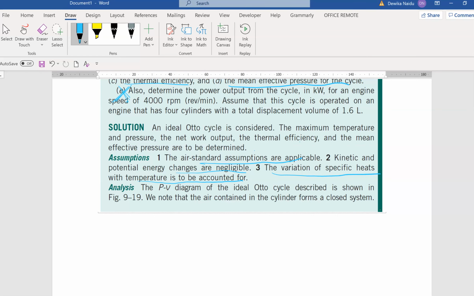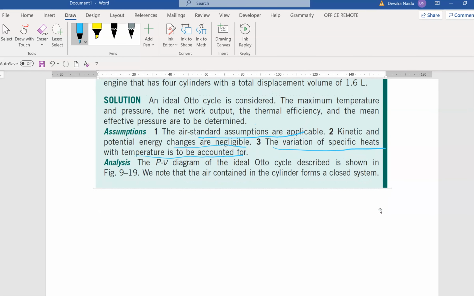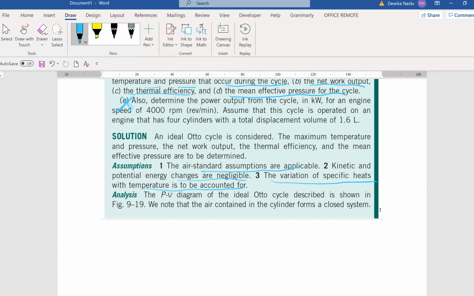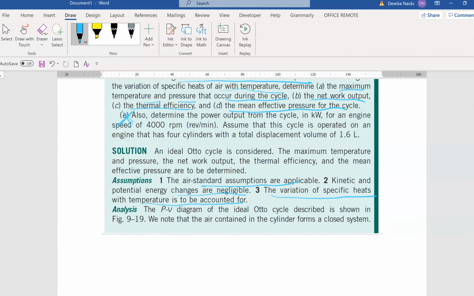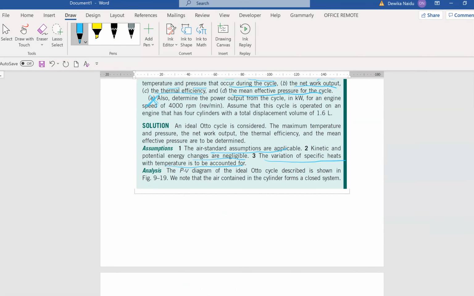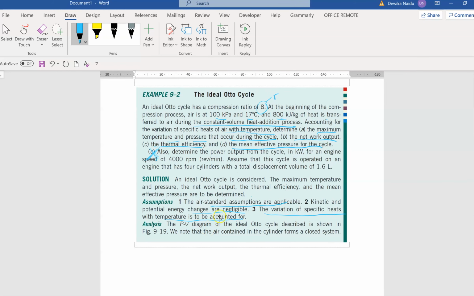Now, the PV diagram of the Otto cycle is shown in figure 9.19. I'm just going to snip that figure, the diagram that is mentioned in the question.